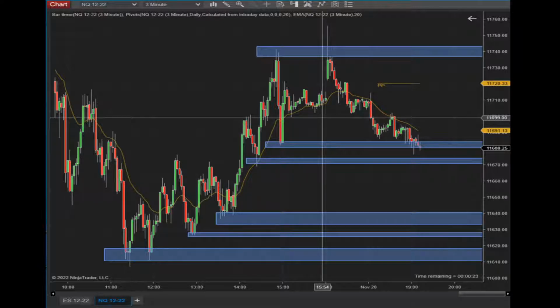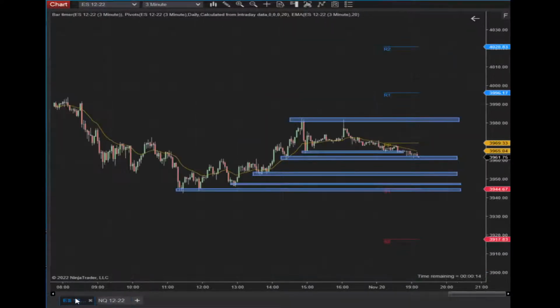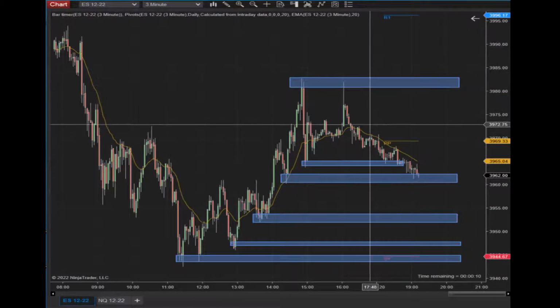Now the profit that you make from that is whatever you want it to be, but let's just focus on making 1 point, which is 4 ticks on the S&P 500. Let's focus on the S&P. When you make a point, your total profit is going to be right around $45, because each tick is $12.50 and a point is 4 ticks.